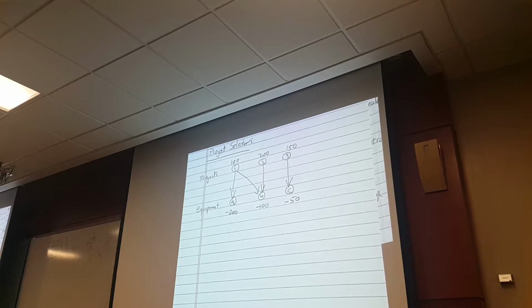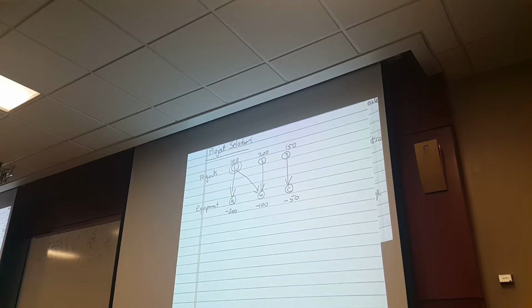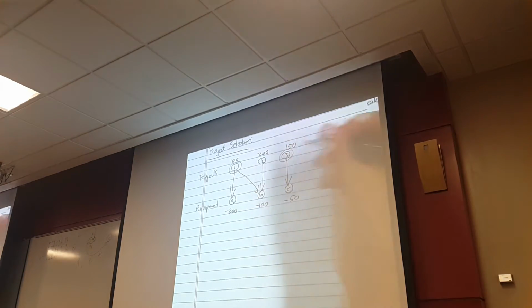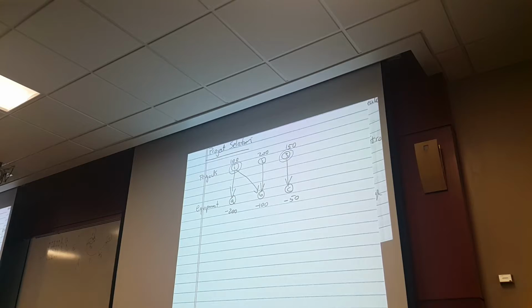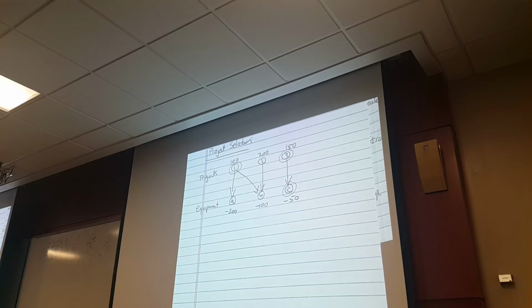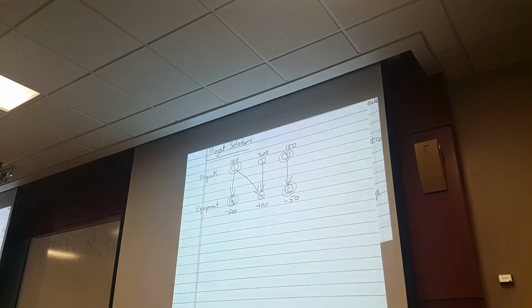Okay, so for example, let's say I want to do project 1 and project 3. For project 3, obviously I need C, and for project 1, I need A. Now, of course, that's not sufficient, because this diagram says that I also need B, right?